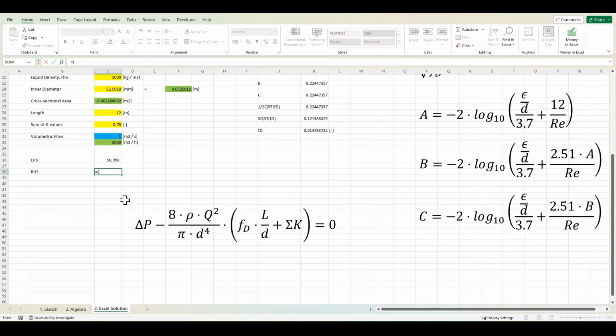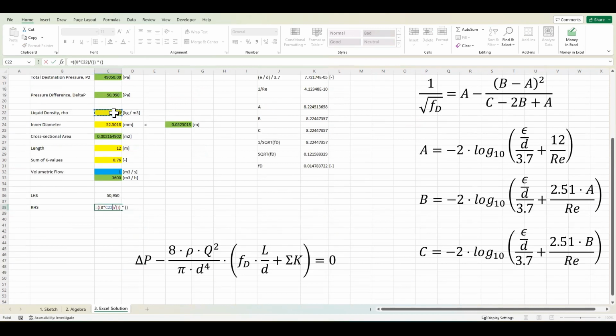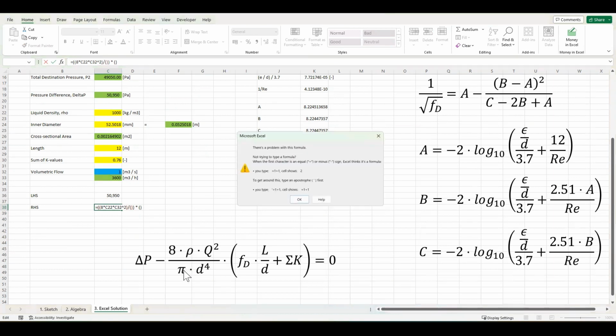So we've got the first bit, so we're going to do 8 times something there. So we've got the 8 multiplied by the density, multiplied by the volumetric flow squared, and that's all divided by, now that should be pi squared, I've just realised. That should be pi squared.